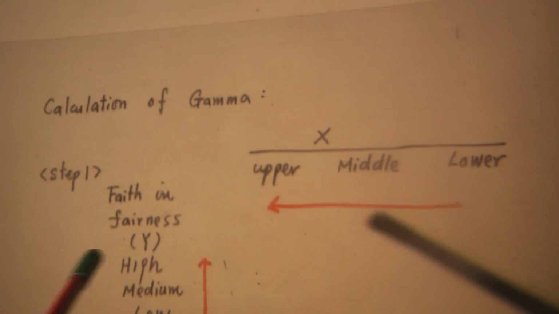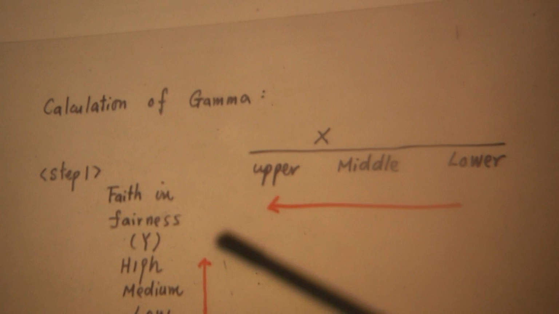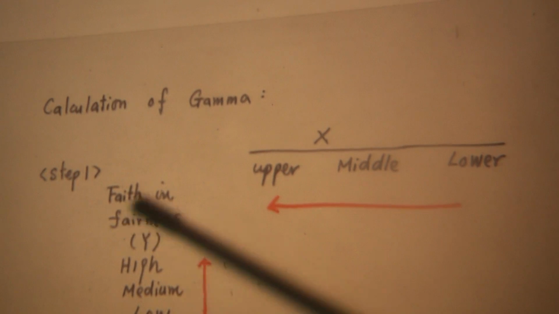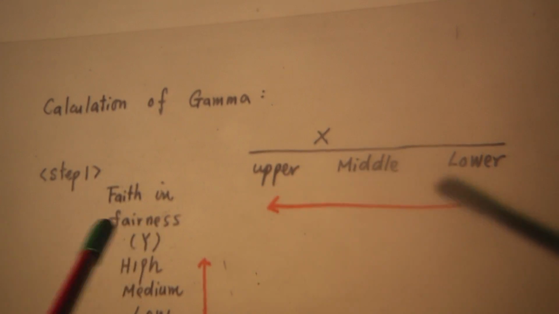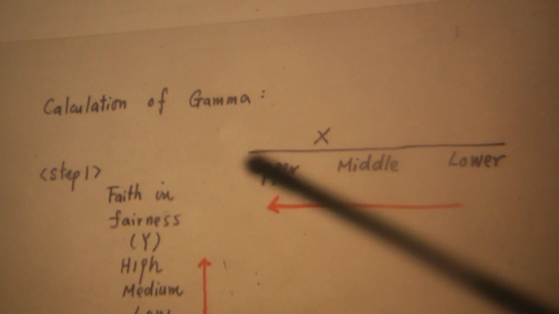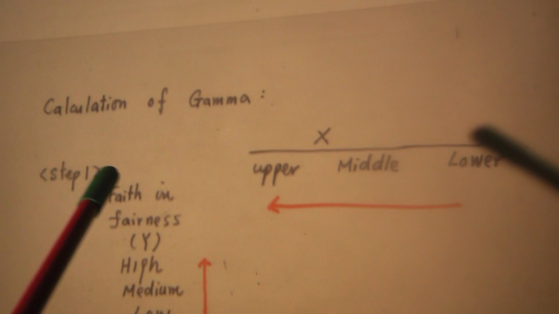And in the vertical direction, faith in fairness, the Y variable, from high, medium, and low. Low is in the bottom, high faith in fairness in the top. So from low to high, from bottom to top. For social class, from upper to lower class, from left to right.